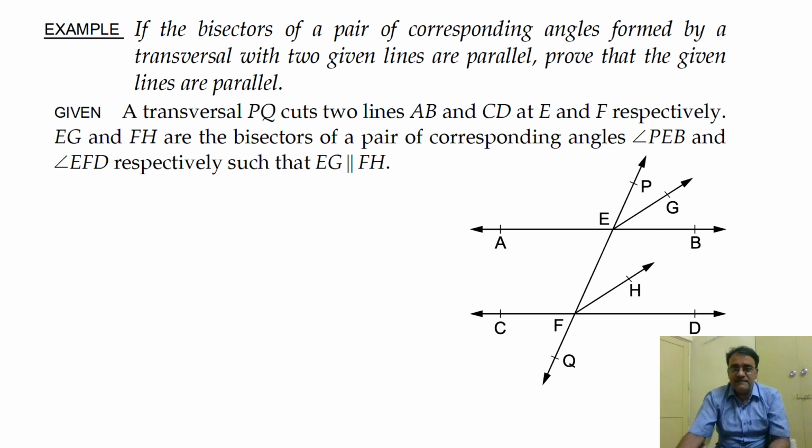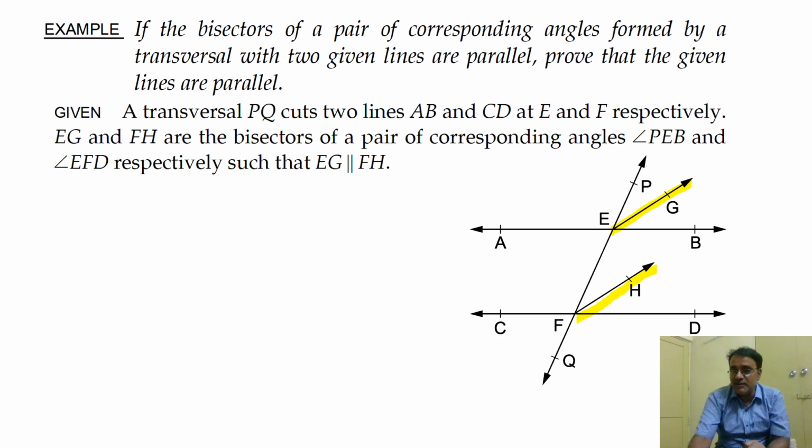EG and FH are the bisectors of a pair of corresponding angles, angle PEB and angle EFD respectively, such that EG is parallel to FH. Now this is given. Now what we have to show? AB is parallel to CD.